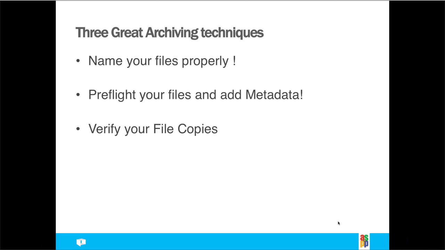So, with that in mind, let's talk about these best practice archiving techniques, David. Well, there's three listed up there, and we're going to go through these in order. I tend to lump naming files properly as both an external file label, the label that's stuck on the outside of the box, so to speak, as well as the information that you tuck into it.